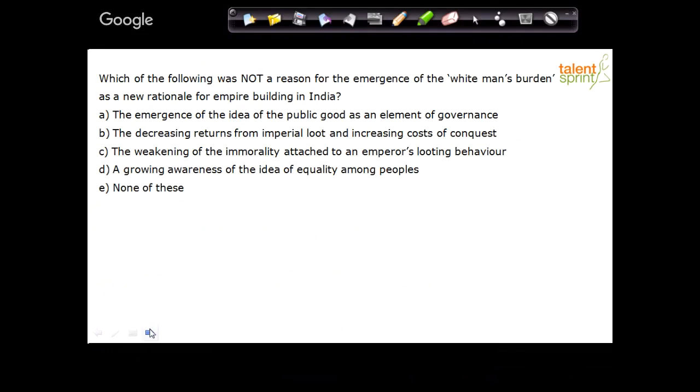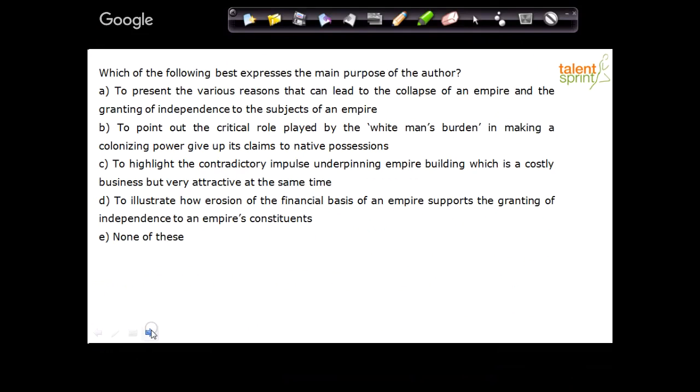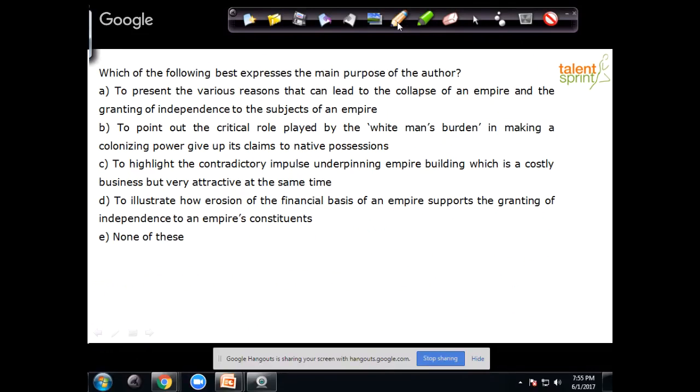Otherwise, move on. Which of the following best expresses the main purpose of the author? Now, for a question like this, like I said, you pay attention to the topic sentence and you pay attention to the closing sentence of each paragraph. That's only because it's for us here, it's in a PPT form, slide by slide.